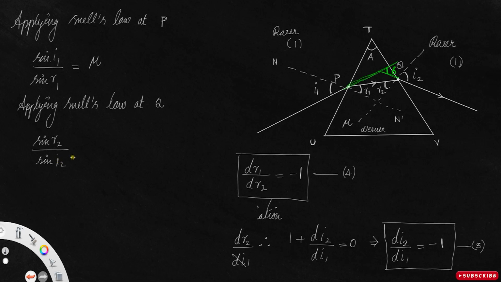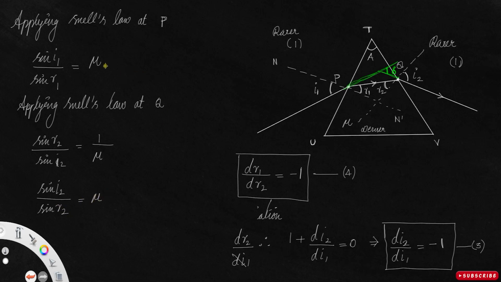So sine R2 by sine I2 equal to, this time the ray is moving from denser to rarer, so we always have to consider the second medium first. So it will be 1 by mu. We already discussed this in the previous video. If you have any doubt, you can go back and check that video. So taking the reciprocal on both sides, you will get sine I2 by sine R2 is equal to mu.